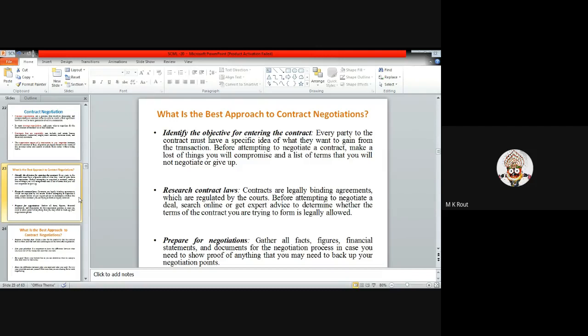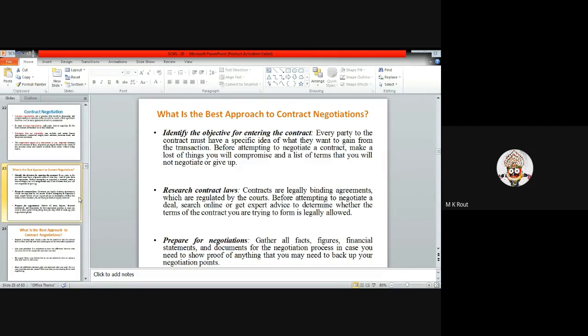So, stone crushing business. This is the identification of objectives, whether profit maximization or royalty maximization. So these are the basic objectives before entering into the contract.